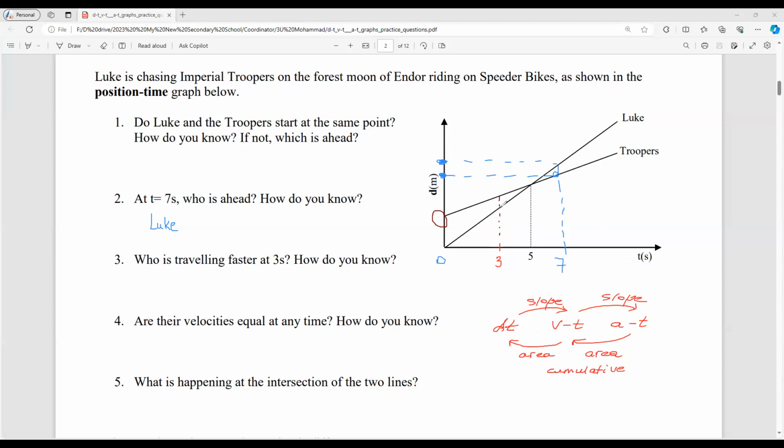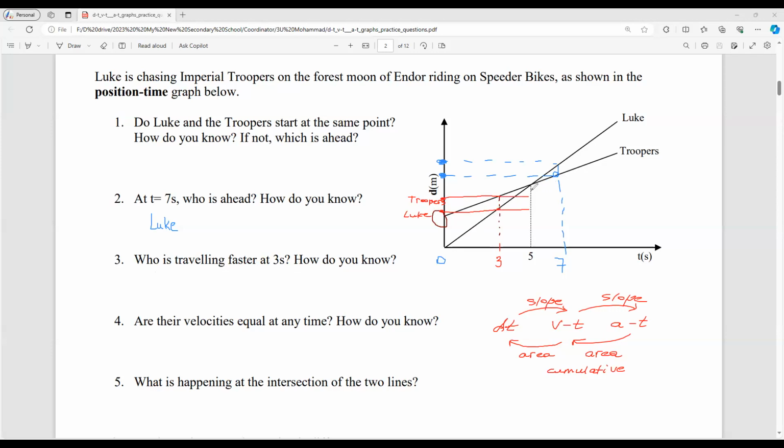Okay, so for 3 seconds, what do you see? For Luke it is here, and troopers here. So troopers will be ahead, right? Ahead, but they're asking about speed. So who is faster at 3 seconds? Okay, slope of the line.